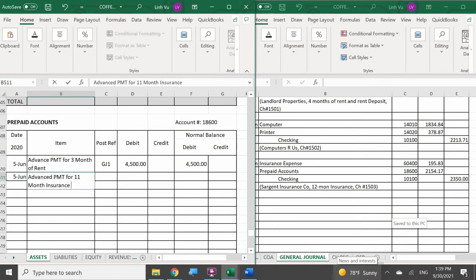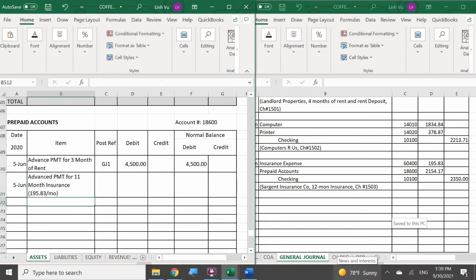And then I'm going to put in parentheses how much per month this is: 195.83 per month. So here I put advance payment for 11 months of insurance, which is going to cost me roughly $195.83 per month. Okay, so then general journal page 1.